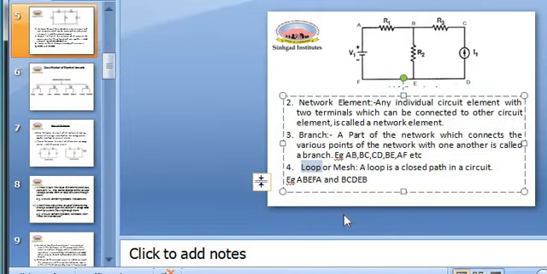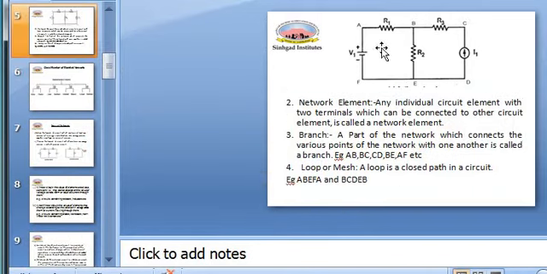So a loop is a closed path in a circuit such that if any branch is open circuited, the circuit shouldn't remain a closed path. Therefore, A, B, C, D, E, F, A is not a loop, because if we remove this branch B, E, it again makes a closed path, and this does not fulfil the condition of a loop. Therefore, there are only 2 loops, but there are 3 meshes.